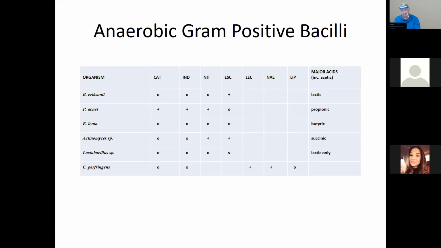What's P. acnes again? That was the one they renamed, Cutibacterium. Not Propionibacterium, what was it? Propionibacterium? That sounds right.